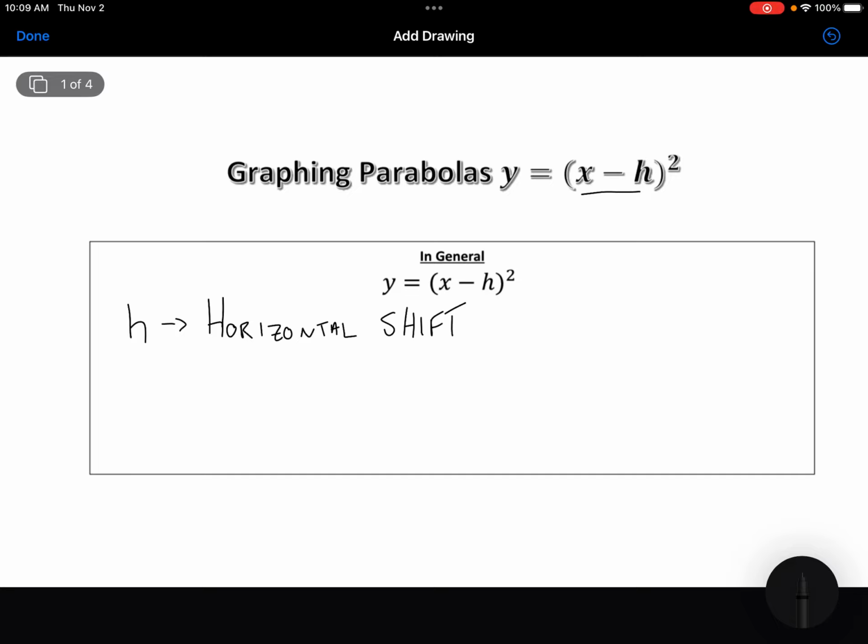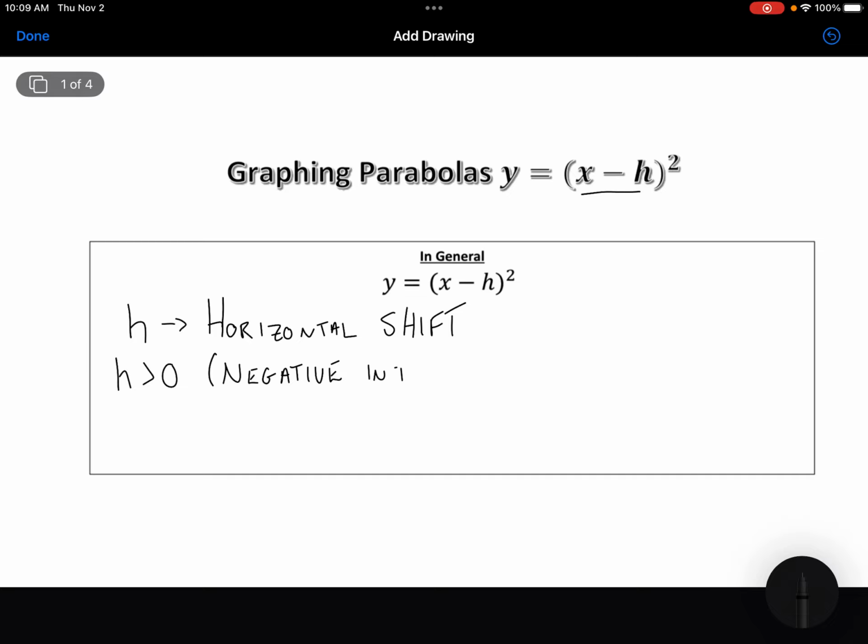Now, just like with the k value, when h is greater than 0, that means we have a negative in the brackets, because if you look at the equation, it has a negative itself. If h was less than 0, then we'd have a double negative, and that would make a positive in the brackets.